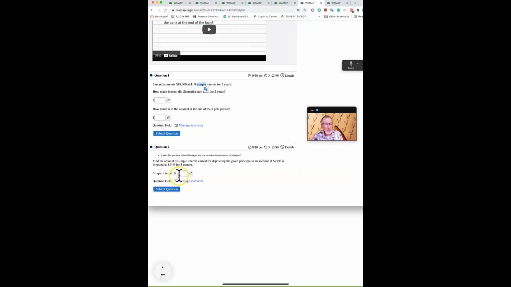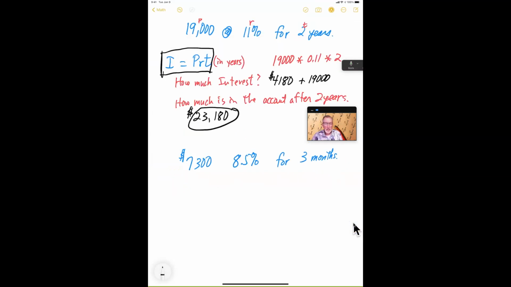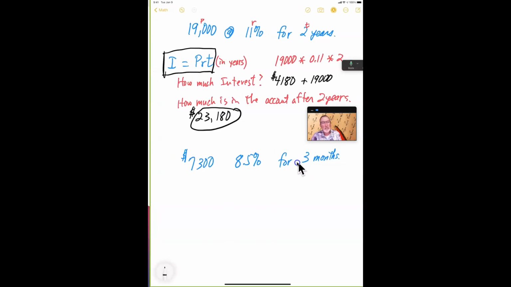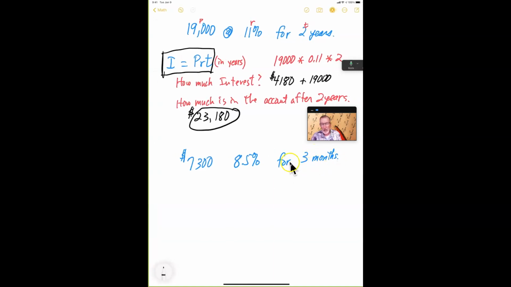Simple interest, the amount of interest earned. So on this one, they're testing us to see if we know how to convert. We have to take our answer, which is using a year. We only have 3 months, which is 1/4 of a year. So that gives you a hint as to what we need to do.